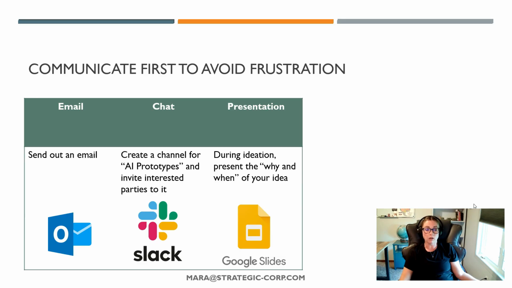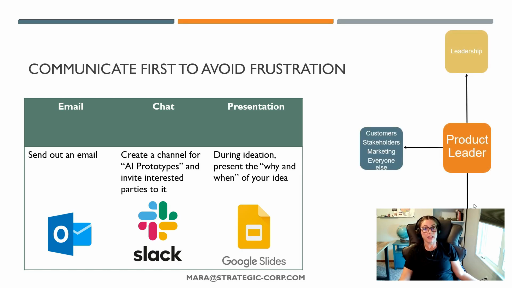So send out an email, create a channel in Slack or Teams, call it AI Prototypes, and invite anyone that's interested to join this channel so that they know what you're working on. If it's appropriate for your organization during ideation, present the why and the when of your idea so that others at least acknowledge what's going on. They may not have enough time to have a lot of input, but at least you can clear it up that this is a prototype, this is not production ready. Everyone can be on the same page about what and why you are doing this.